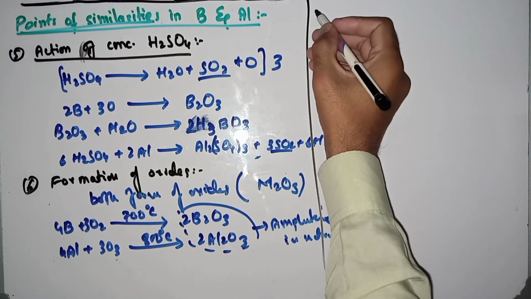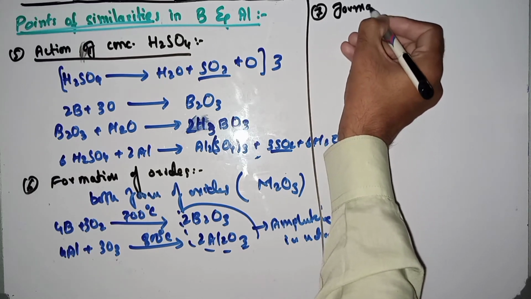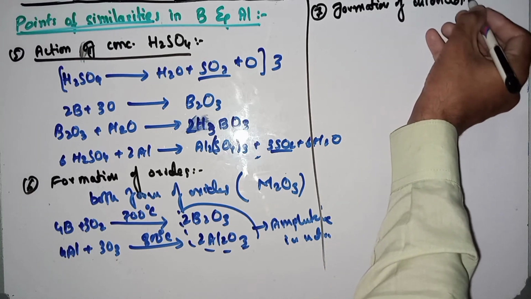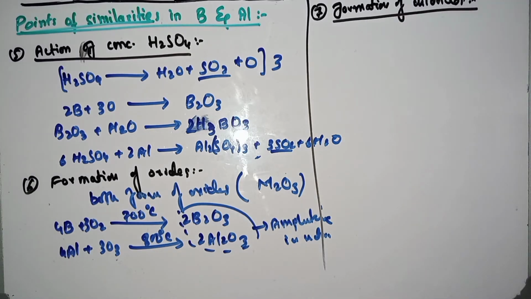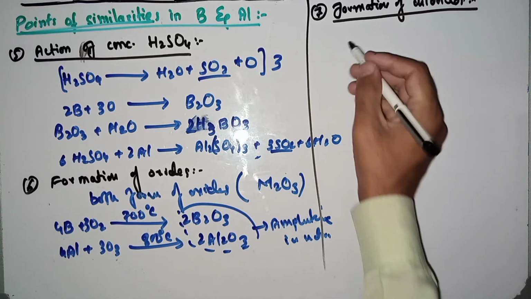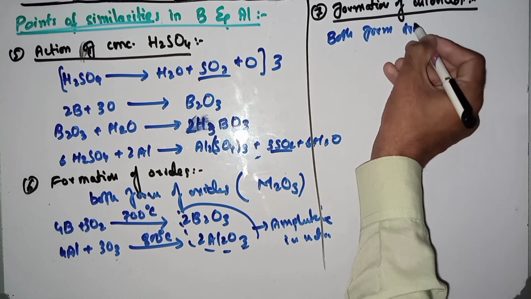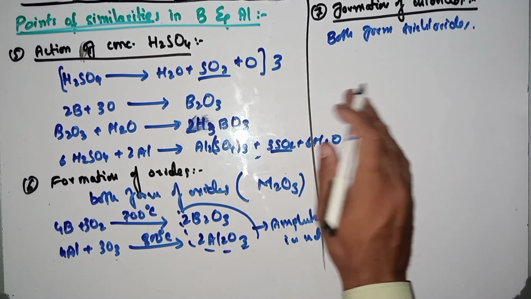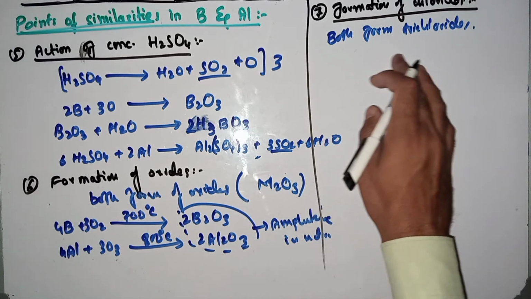Also, formation of chlorides. In case of formation of chlorides, both form trichlorides, either by passing chlorine over heated boron or aluminium.